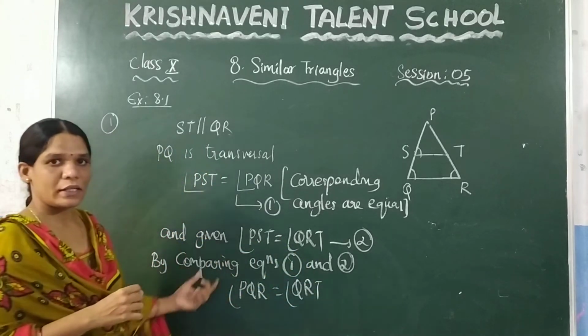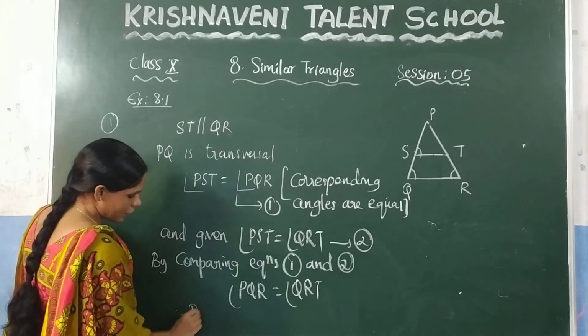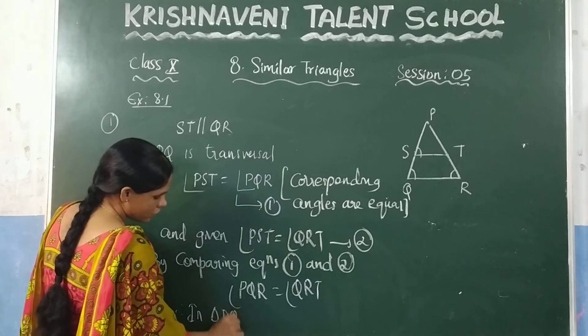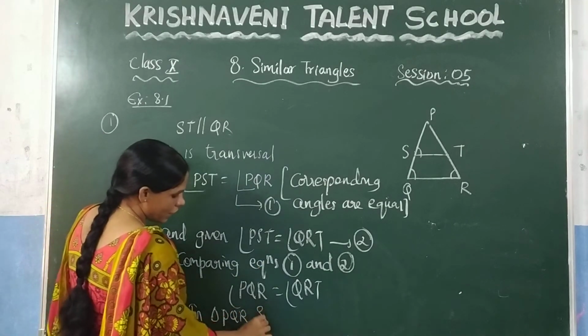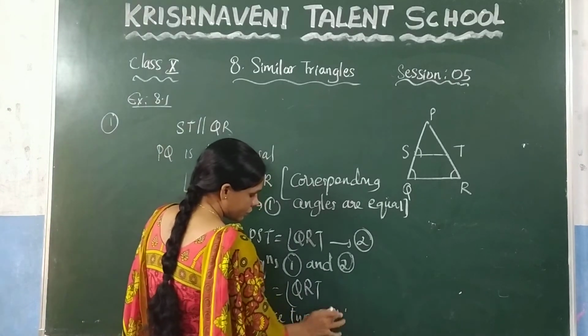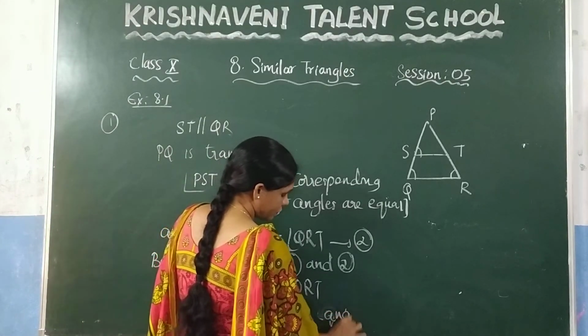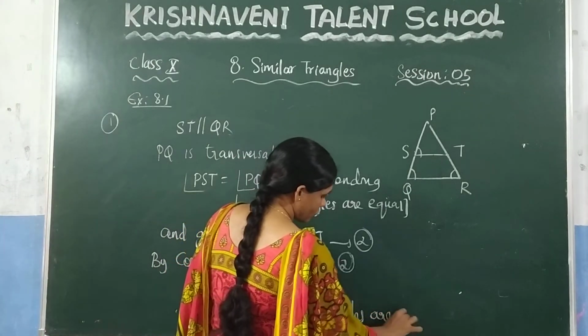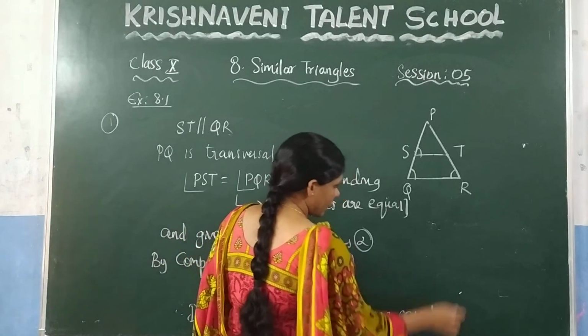Therefore, in triangle PQR, since two angles are equal, what can we say about this triangle?